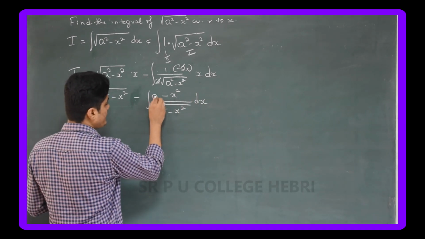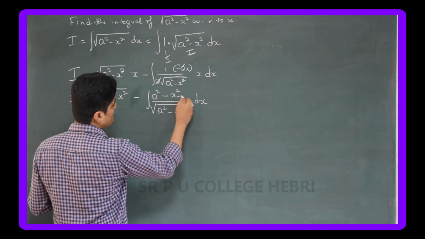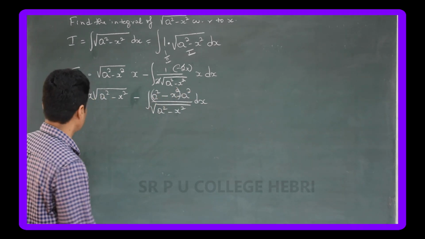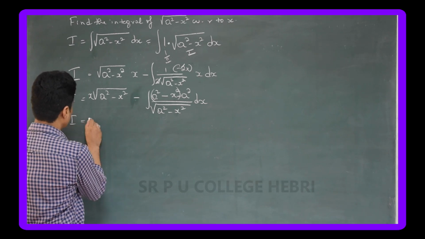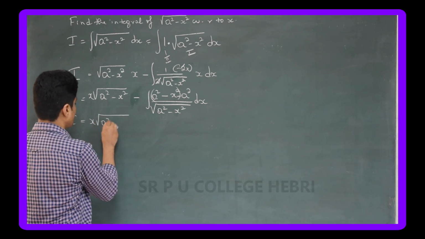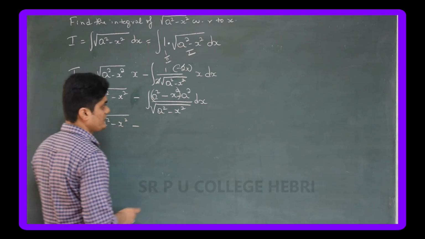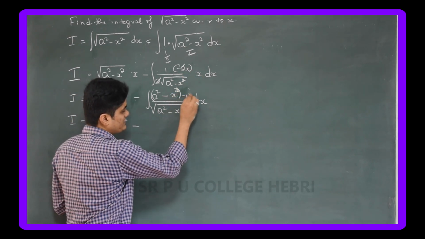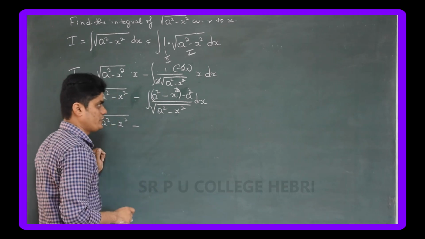Now add a square and subtract a square. So I is equal to x into root of a square minus x square. As we did in the previous classes, with this trick you are going to split into 2 parts.